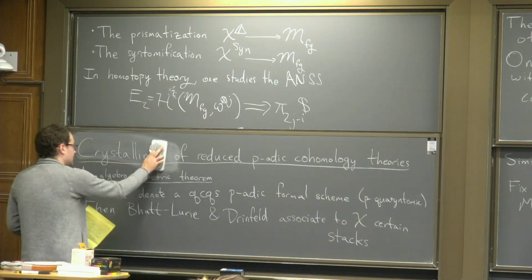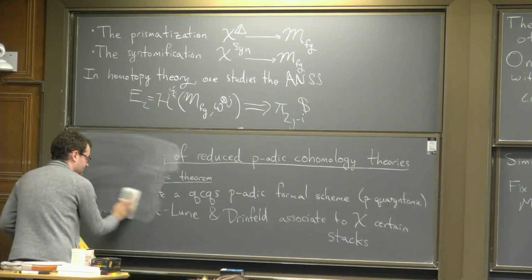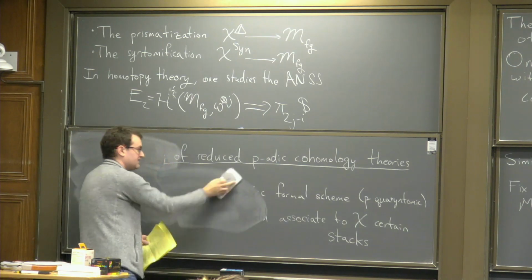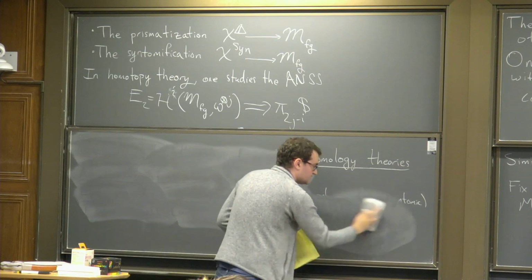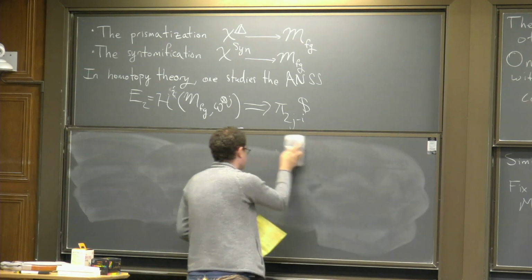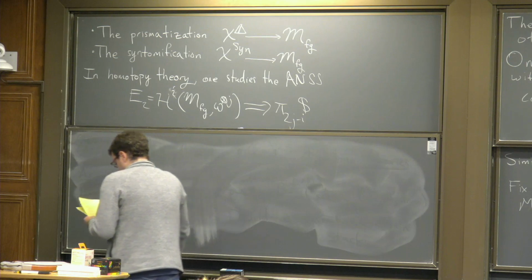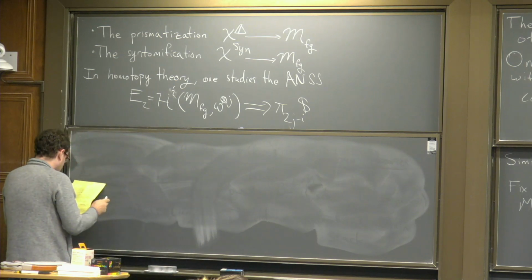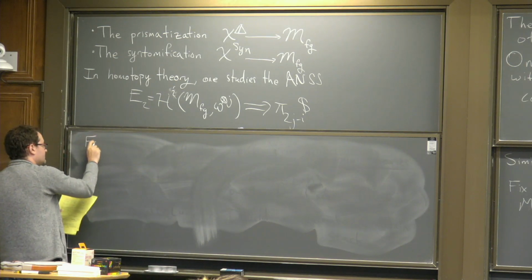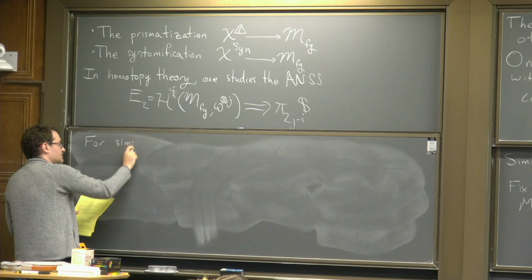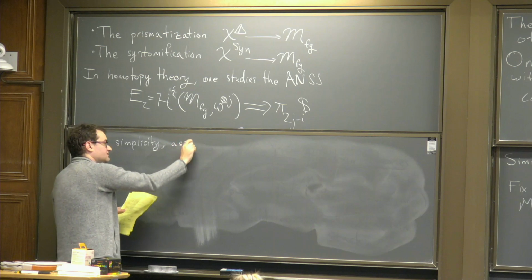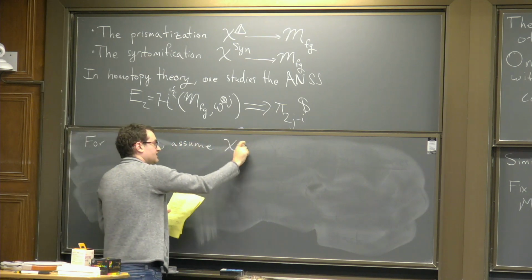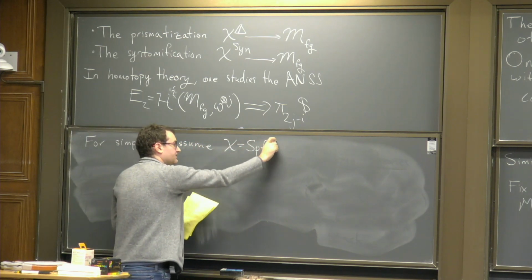But maybe I'd like to talk about why topology suggests such a statement and maybe can be used to prove such a statement. So for simplicity, let's assume that X is affine, so it's Spf of some ring.